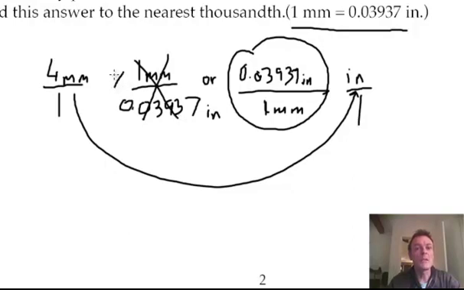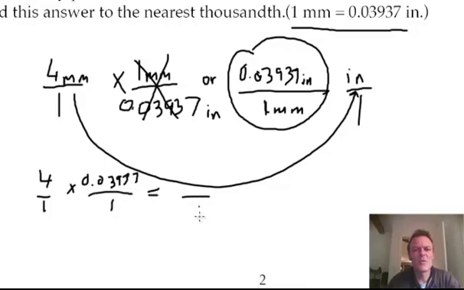So when I do that multiplication, it looks just like it: 4 times 0.03937 over 1 times 1. Let's clear this up. 4 over 1 times 0.03937 all over 1. That is still going to be 1, which doesn't matter.